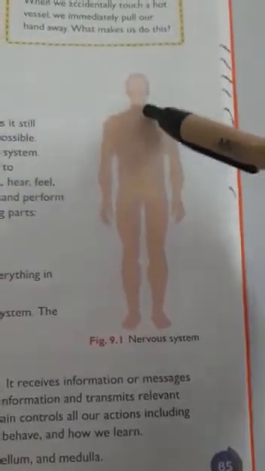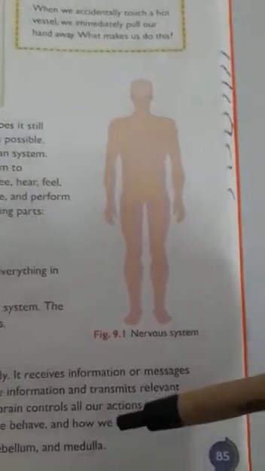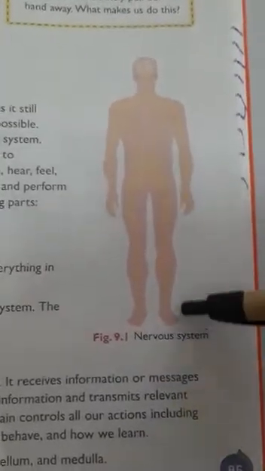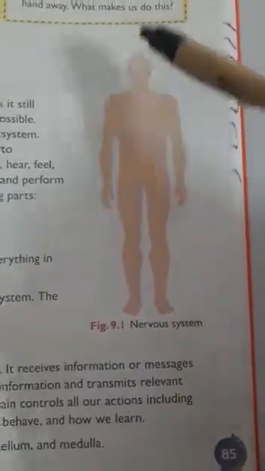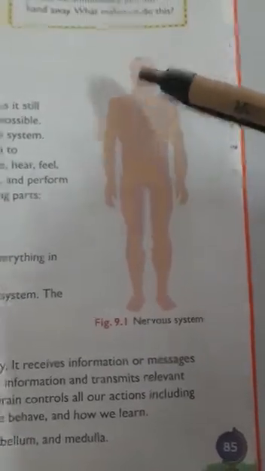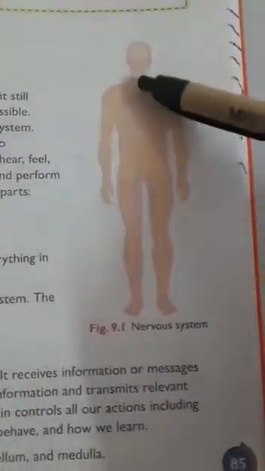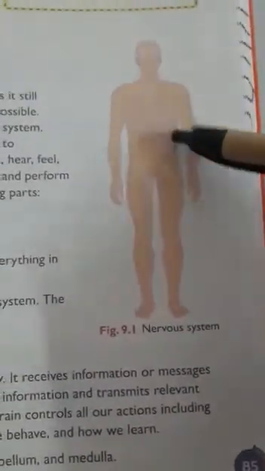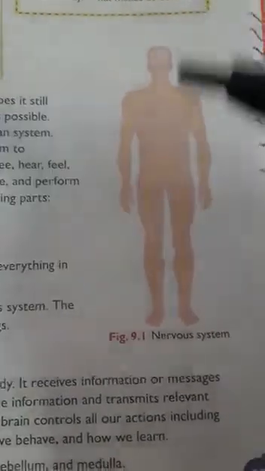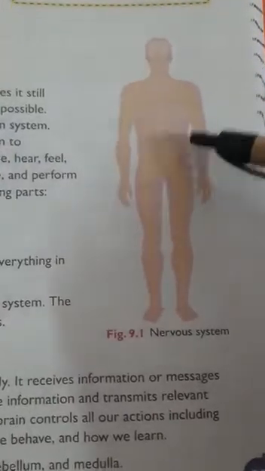Our brain gives instructions to our body parts. Understood, children? It is very clear. Our nerves give messages to the brain, then the brain gives instructions to the body, and our body works accordingly. When there is something sorrowful, our brain gives the instruction to be sad.